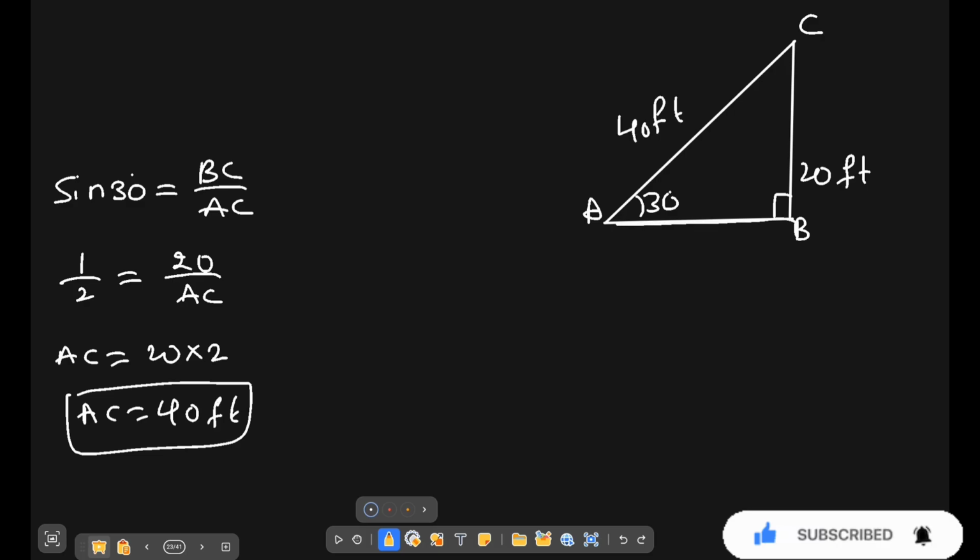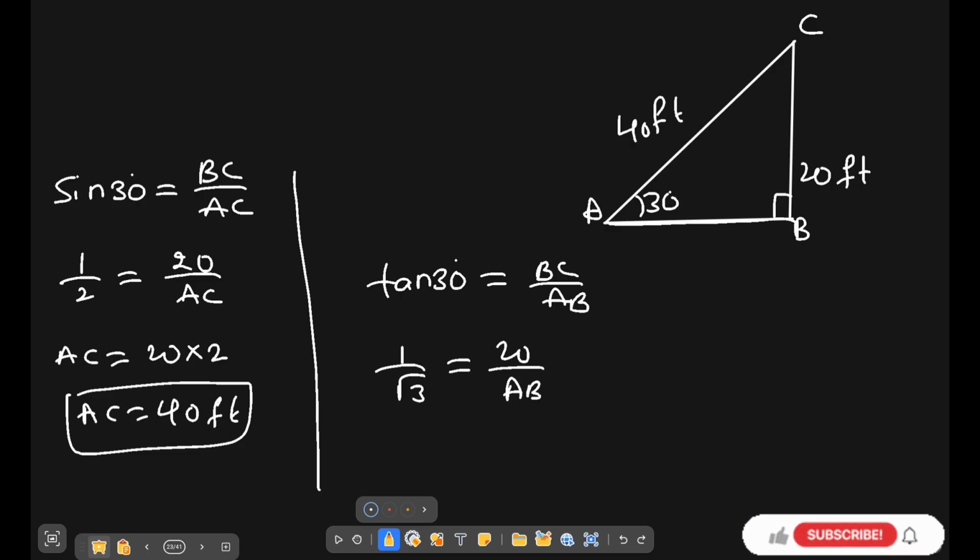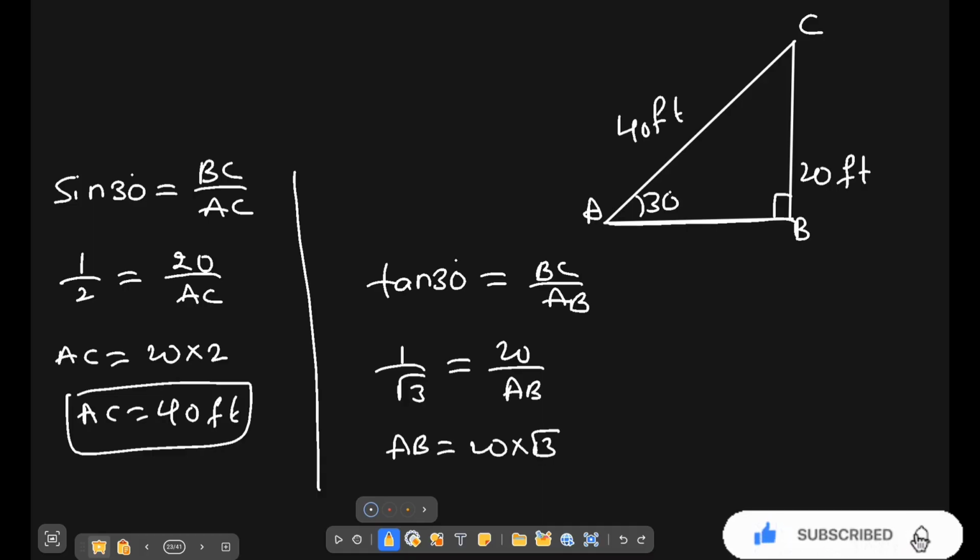Now we have to find the horizontal distance BC. For that, apply tan 30 degrees. Tan 30 is opposite side BC over adjacent side AB. Tan 30 is 1 by root 3, equal to 20 by AB. Bring AB to the left side, root 3 to the right side. Now AB is equal to 20 into root 3.